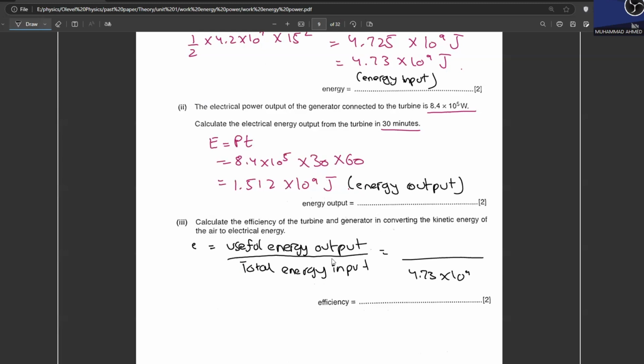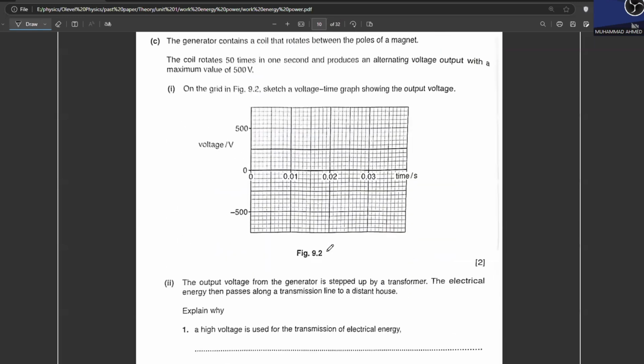What is your useful energy output? 1.512 into 10 raised to the power of 9. This and this get cancelled out. 1.512 divided by 4.73 gives you an efficiency of 0.32. Simple. Let's further move ahead.